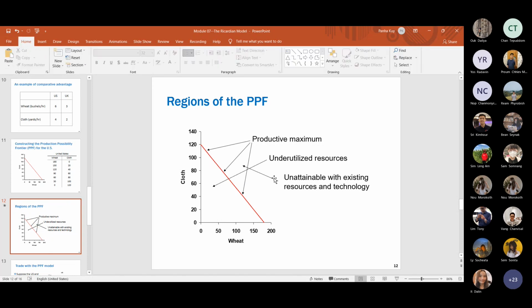That's why this point is unattainable, but if growth happens, the frontier shifts out, so it can be produced with the existing resources and technologies, okay? So you understand that you can scale up your resources and your technologies, and it will lead you to grow.